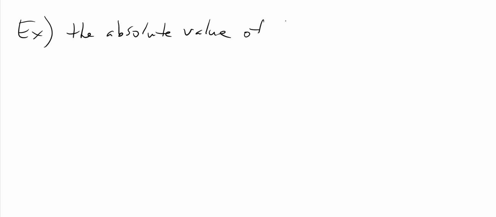The first one is, again, I'm going to give you it in English, and you're going to translate it to math. It's really not difficult. Okay, so if I said the absolute value of the difference of 2 numbers.